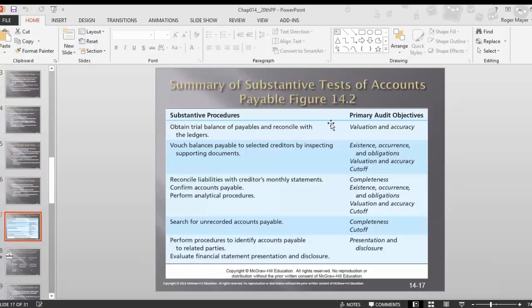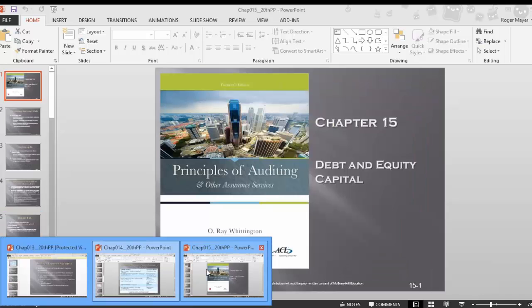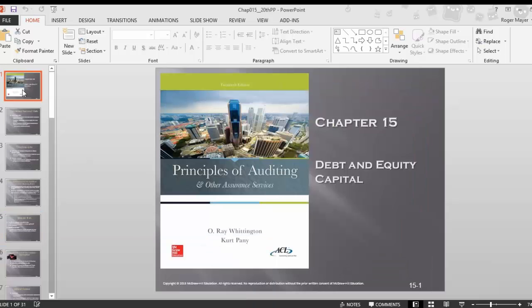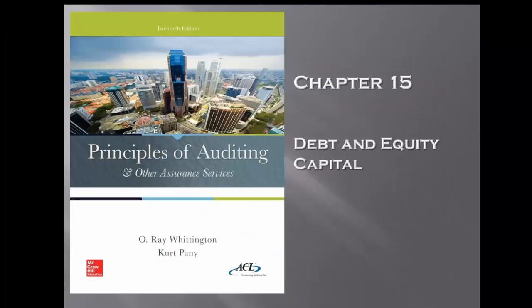Okay, in our last couple of minutes, what I want to do is focus on Chapter 15 and talk about auditing debt and equity. And this is going to be a little bit different in the sense that we're looking at transactions that do not occur very often.